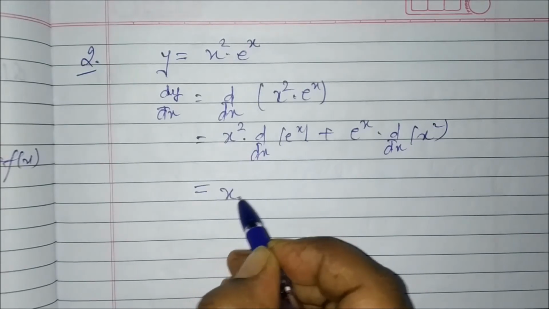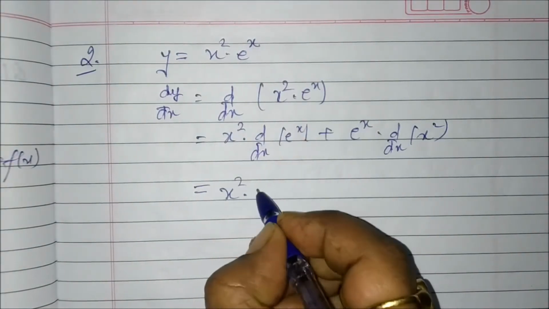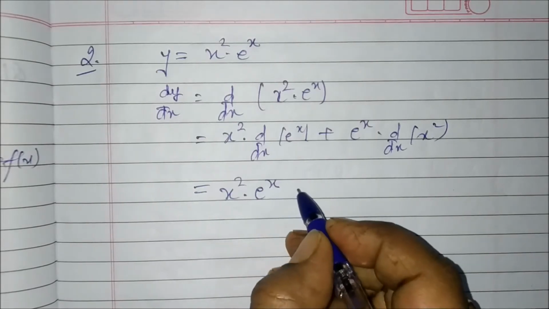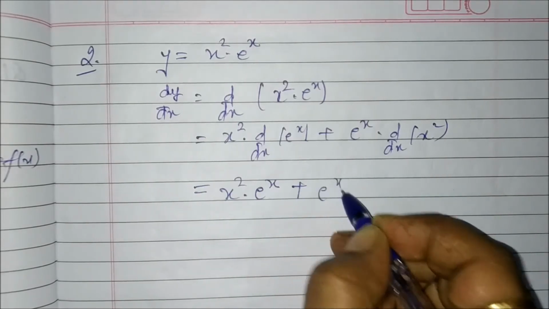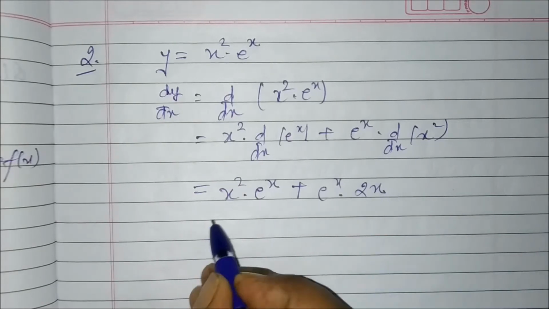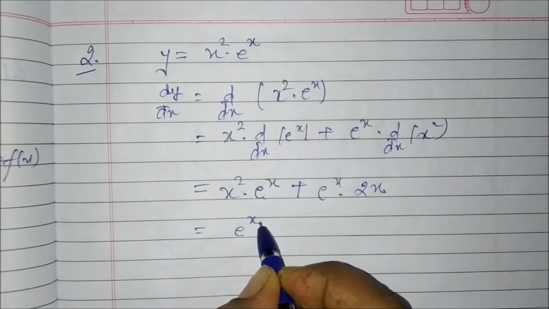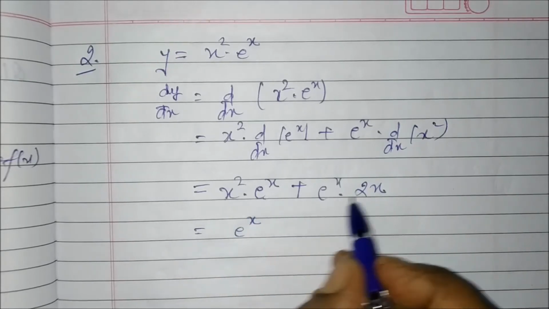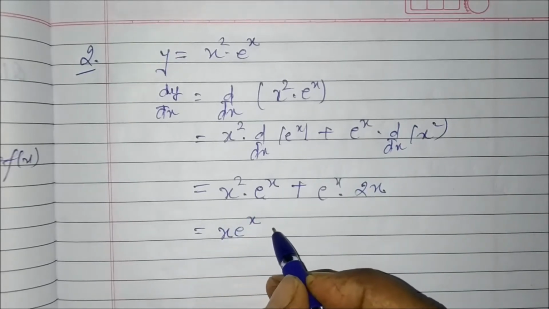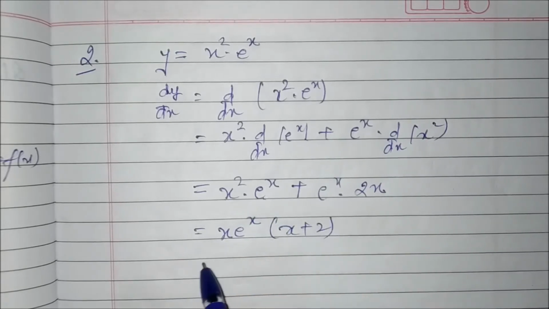Okay, so x square into the derivative of e raised to x is e raised to x, plus, copy this here, the derivative of x square is 2x. Okay, so e raised to x is coming in both the terms, we will take it common. Also we can take x as common, so x e raised to x is taken common. Here we get x plus 2.